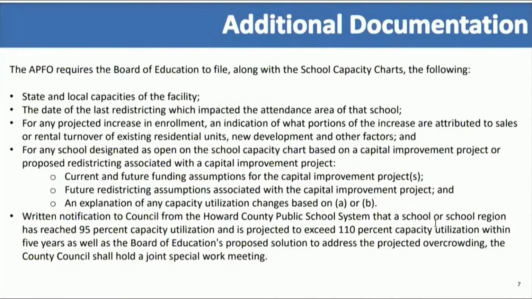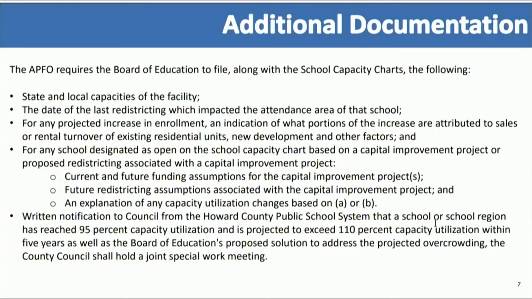In addition to the school capacity chart, the ordinance also requires submission of several pieces of information, which include the following: state and local capacities, the date of the last redistricting for each school, a chart showing what portions of the projected enrollment increases are due to the several housing factors that we calculate, and the capital budget pages showing current and future funding assumptions if the school is shown in the open test. Each of these items is in your board report as attachment 3.